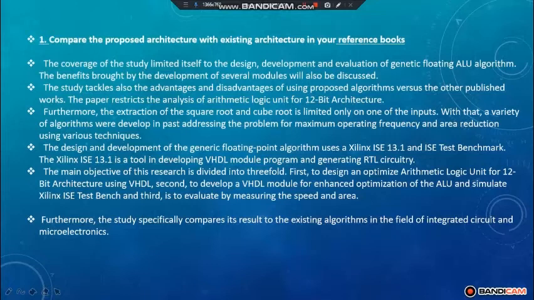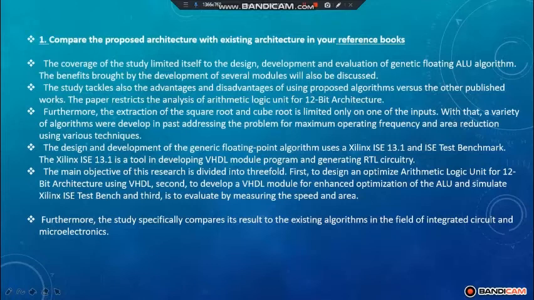The main objective of this research is divided into threefold. First, to design an optimized arithmetic logic unit for 12-bit architecture using VHDL. Second, to develop a VHDL model for enhanced optimization of the arithmetic logic unit and simulate it in the Xilinx ISE test bench. And third, to evaluate by measuring the speed and area.